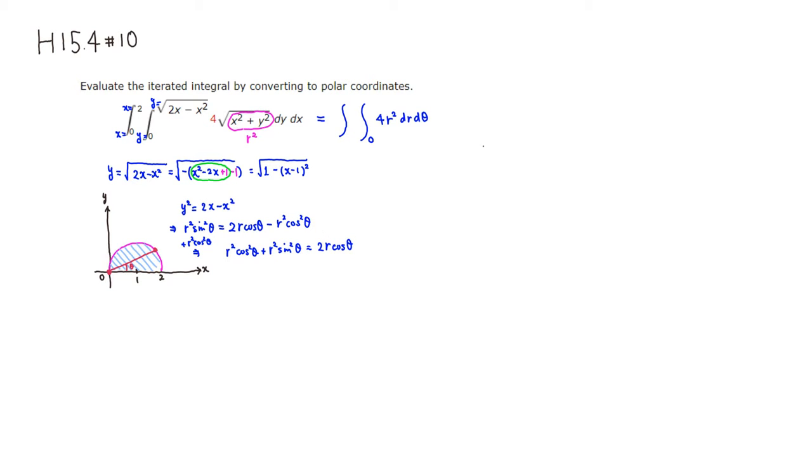All right, then we know that here, if you pull out the r squared, you have cosine squared theta plus sine squared of theta, which is equal to 2r cosine of theta, right? Then one thing we should notice is that cosine squared plus sine squared is equal to 1.